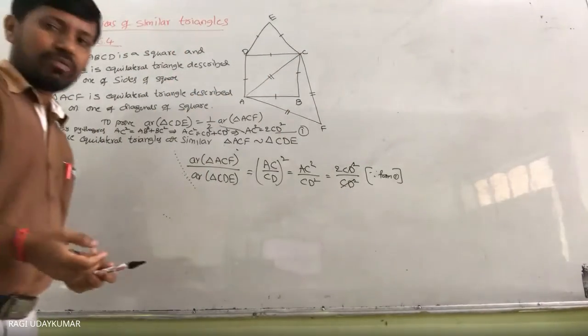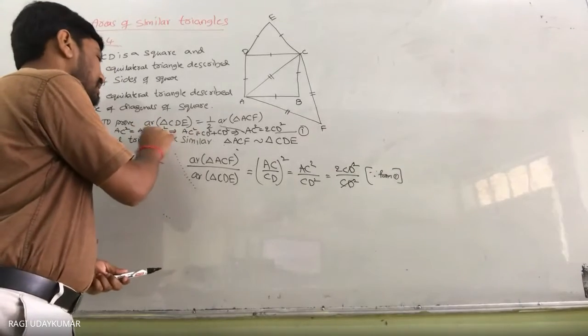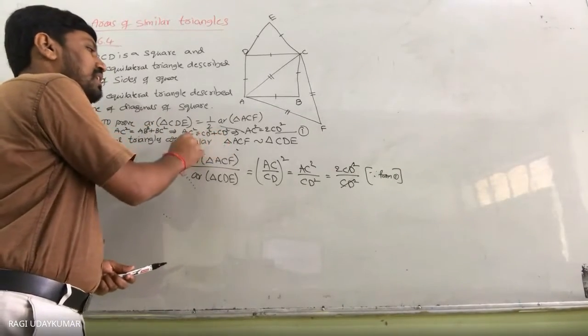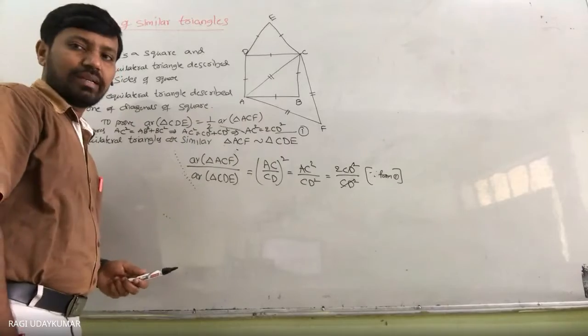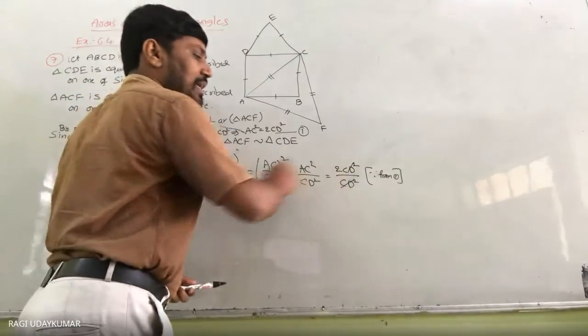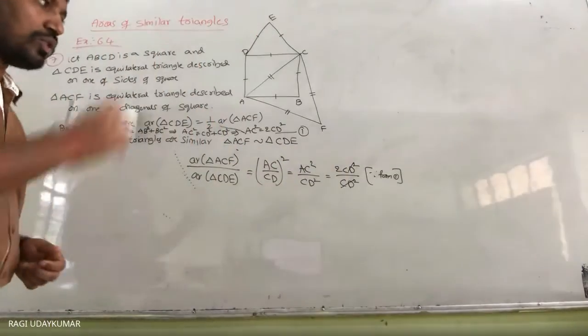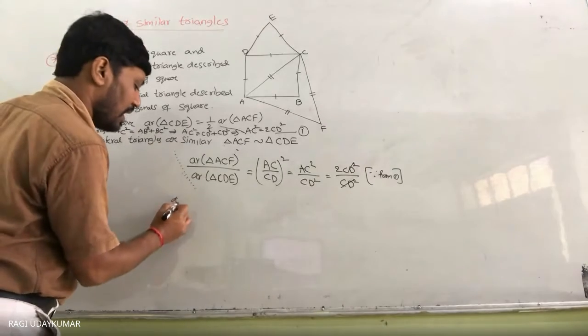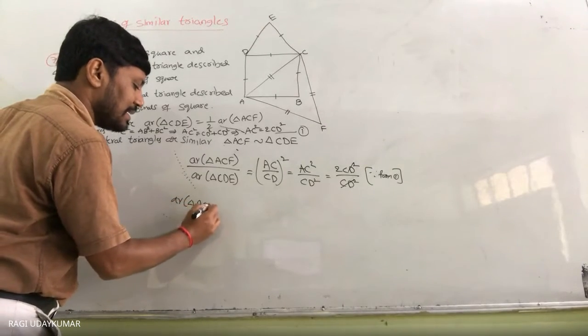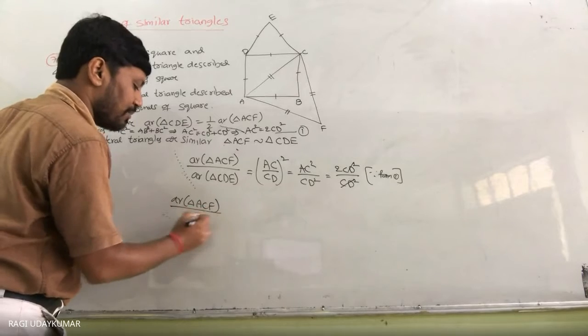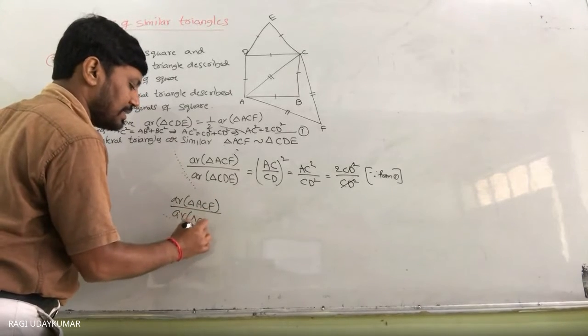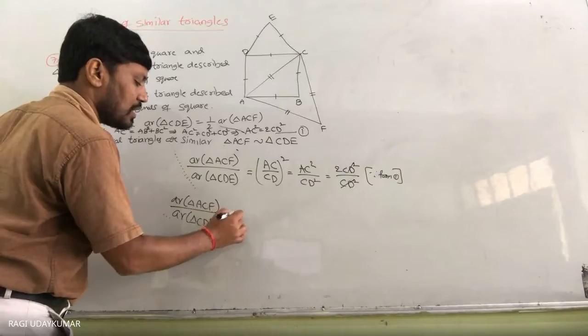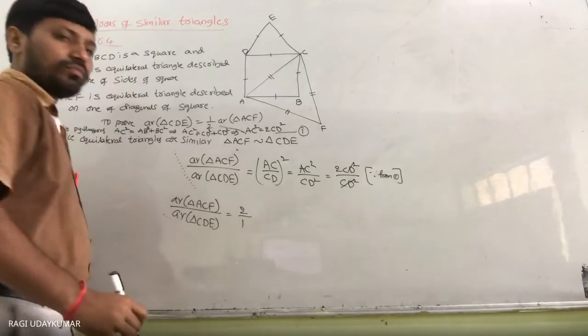So all the sides are equal. So in the place of AB, I wrote CD. In the place of BC, I wrote CD. So AC square equal to 2 times of CD square. Here I am substituting 2 times of CD square, so you are going to get 2 by 1. So area of triangle ACF by area of triangle CDE is equal to 2 by 1.